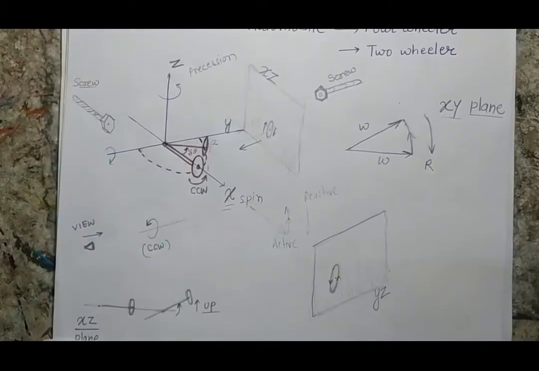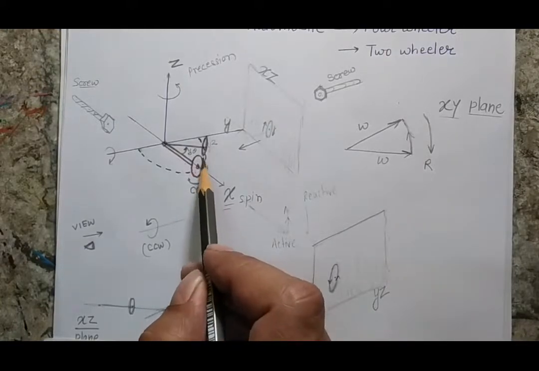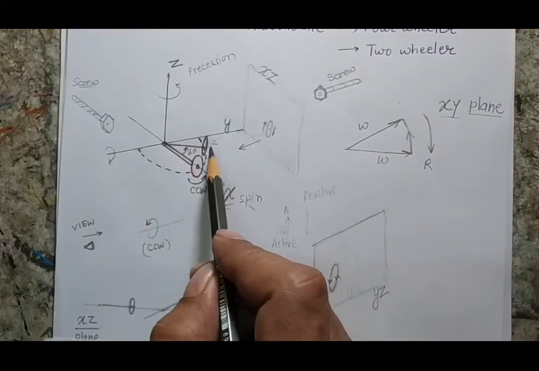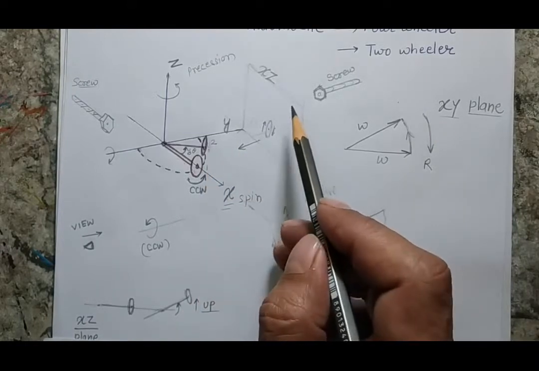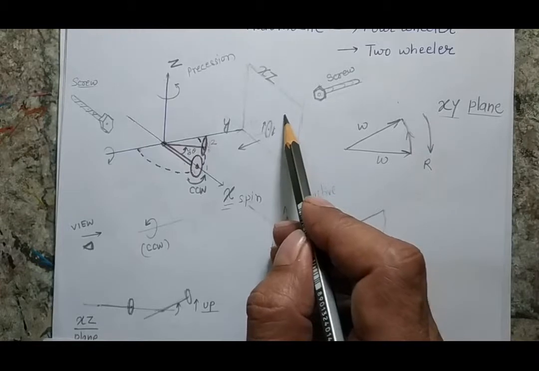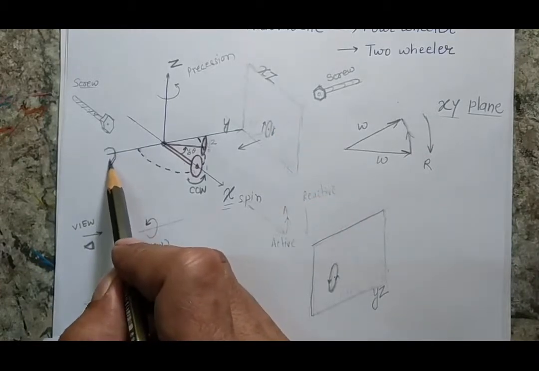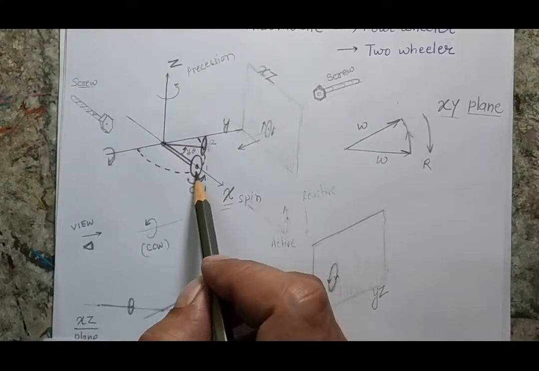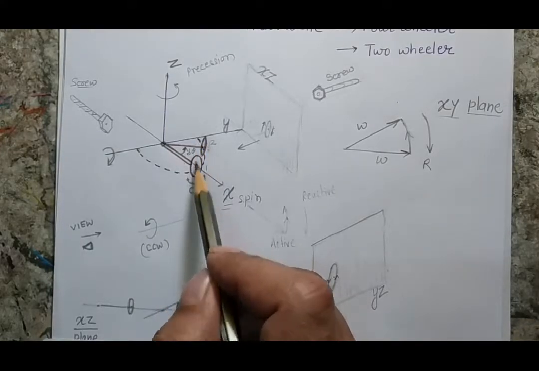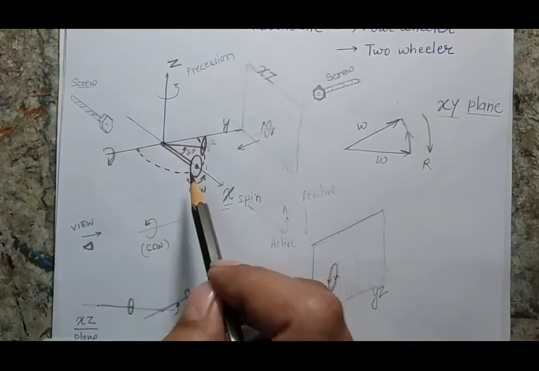Here I am just giving a recap that if I rotate the rotor, I will have a gyroscopic effect because of the change in the angular momentum on this plane, and because of this I have an effect about the y-axis that will basically give an upward or downward movement to my rotor.